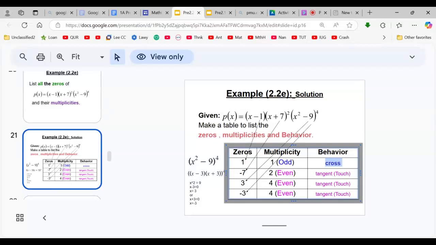Touch like this, touch like this. Now, what about the 3? This one, 3 and negative 3. It's going to be 4. Is 4 even or odd? So it's going to be what? Touch. How many times is it going to touch? 4 times. Okay?